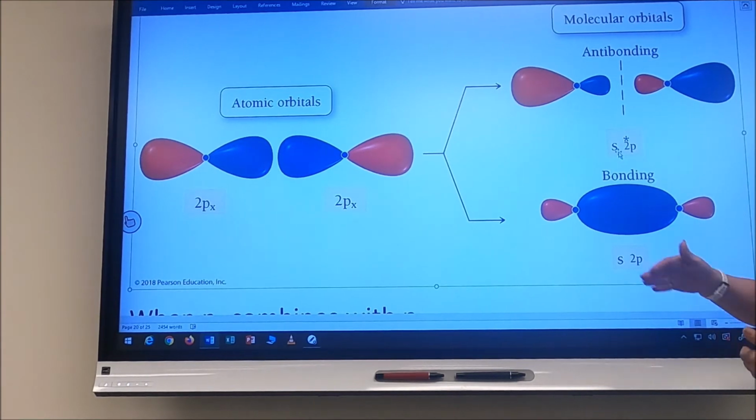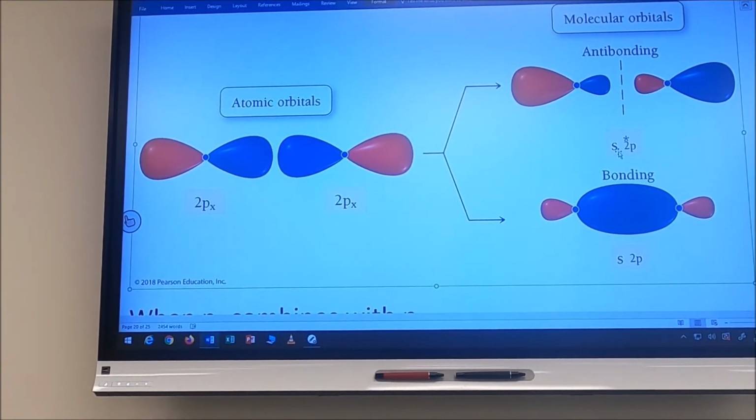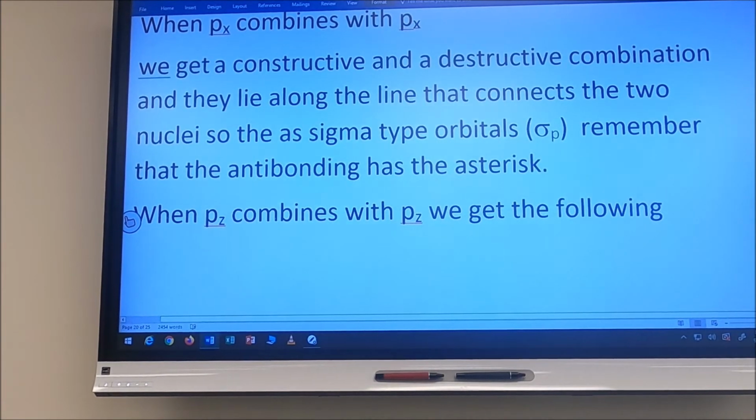They're doing opposites. Blue and blue, they're doing the same thing. So we get a sigma 2p bonding and a sigma 2p anti-bonding. Scroll down some more. So we get constructive and destructive additions.